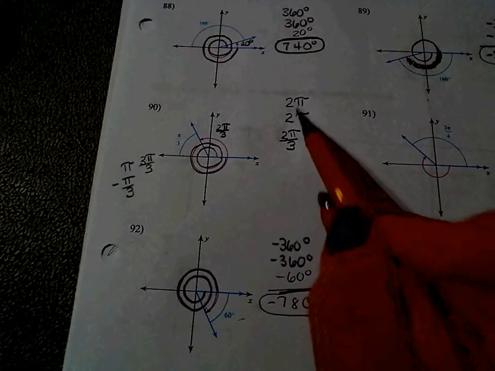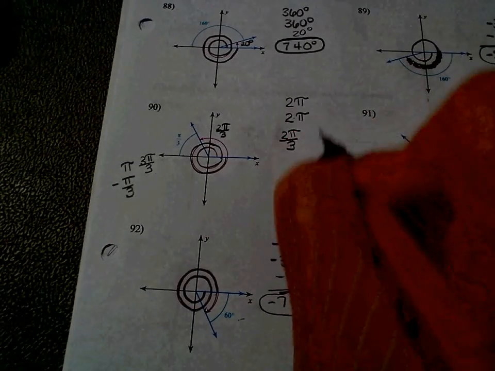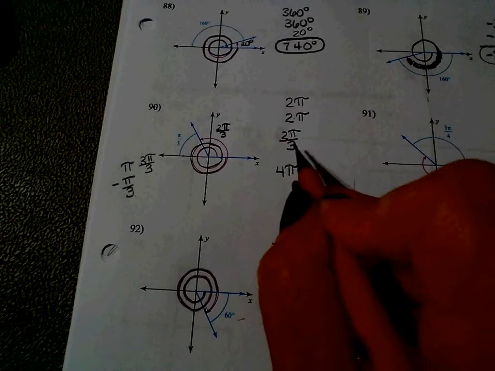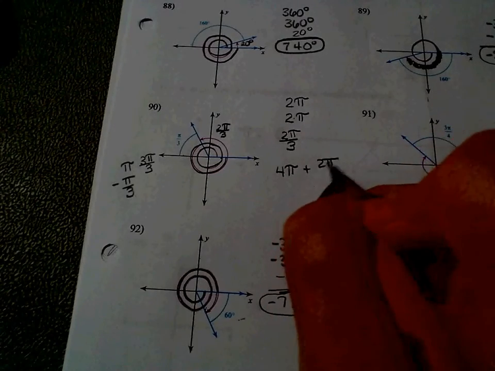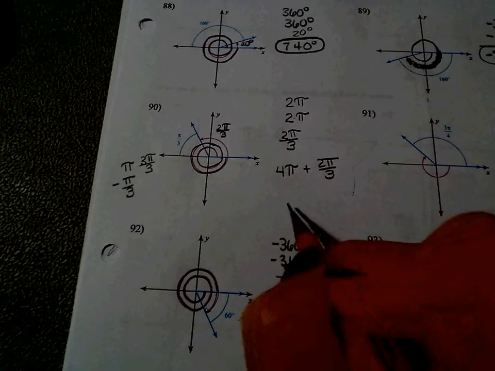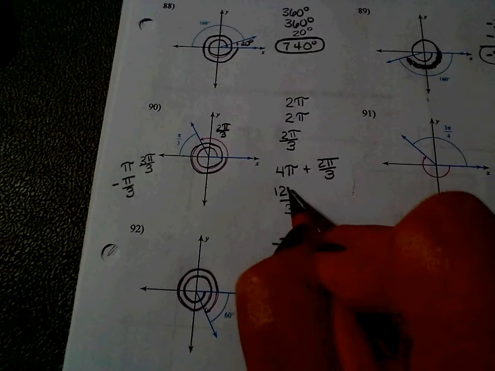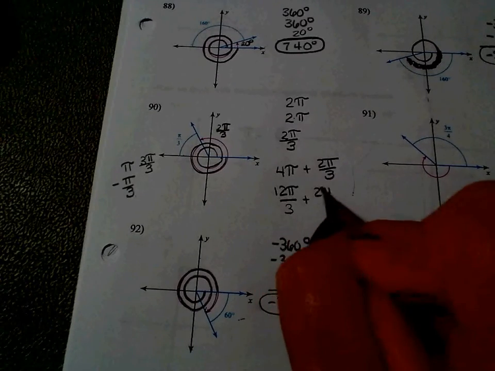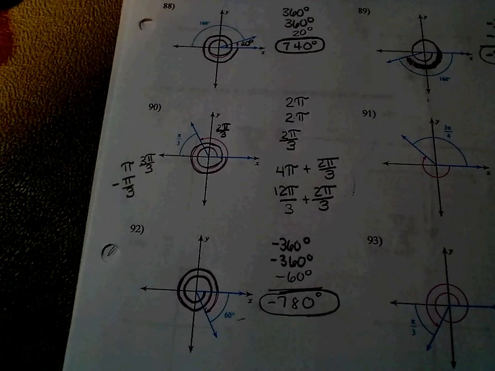That's 2 pi plus 2 pi, which is 4 pi. I need to make 4 pi be in thirds because I've got to get a common denominator. So if I make it have a denominator of 3, I multiply the denominator by 3, I have to multiply the numerator by 3. So this is 12 thirds plus 2 more thirds, which means the answer to this problem is 14 pi over 3.